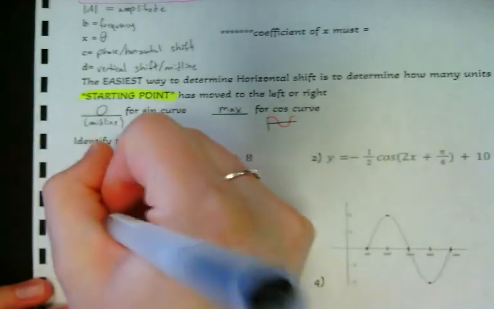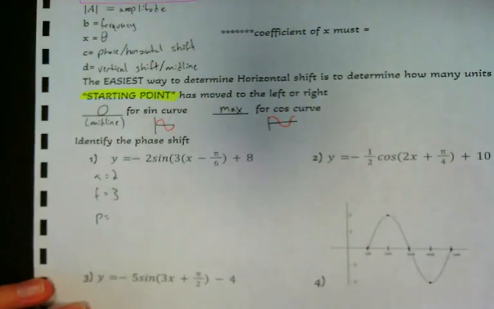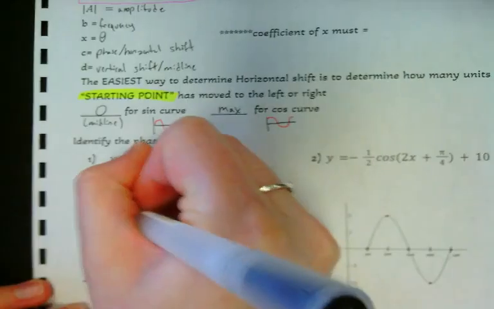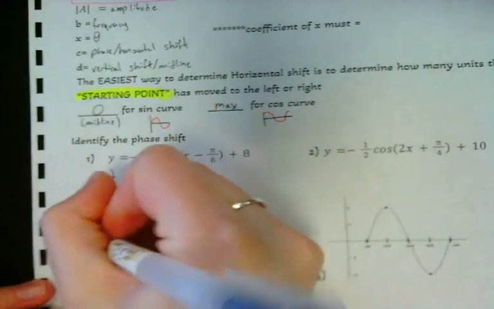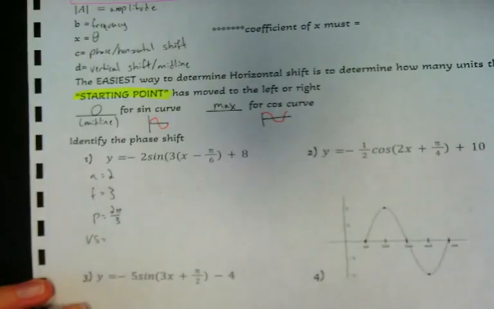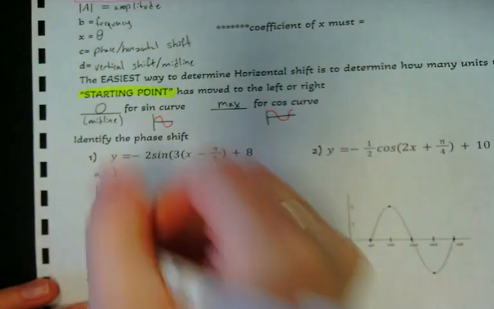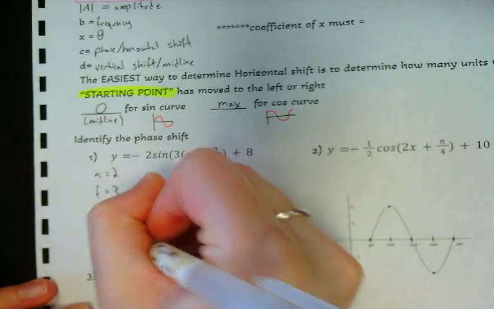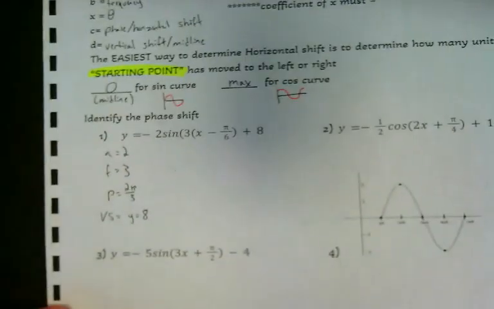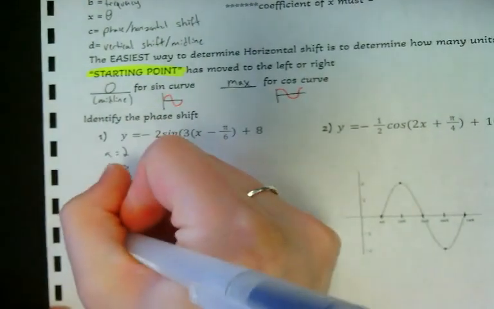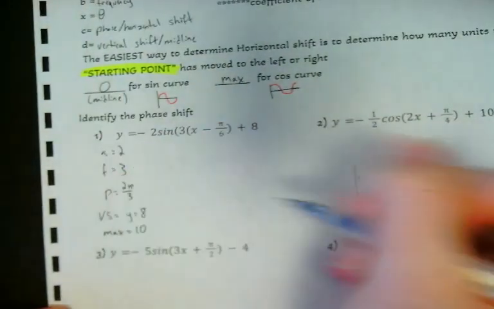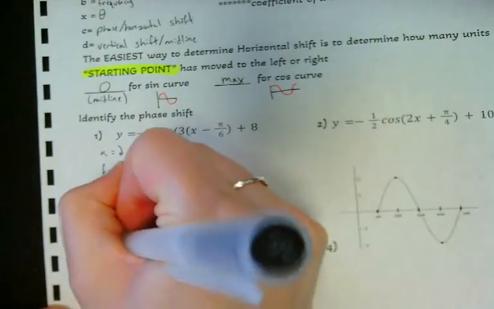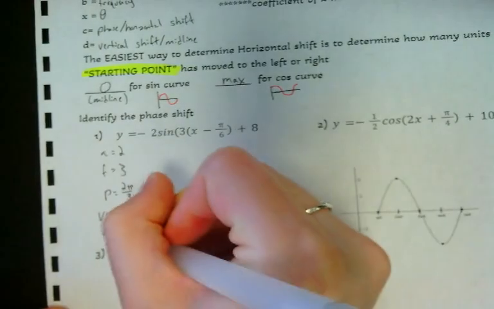And then what is my period? Yes, or 2 pi over 3. What's my vertical shift? 8. What is my maximum? And my minimum? 6. Yes.